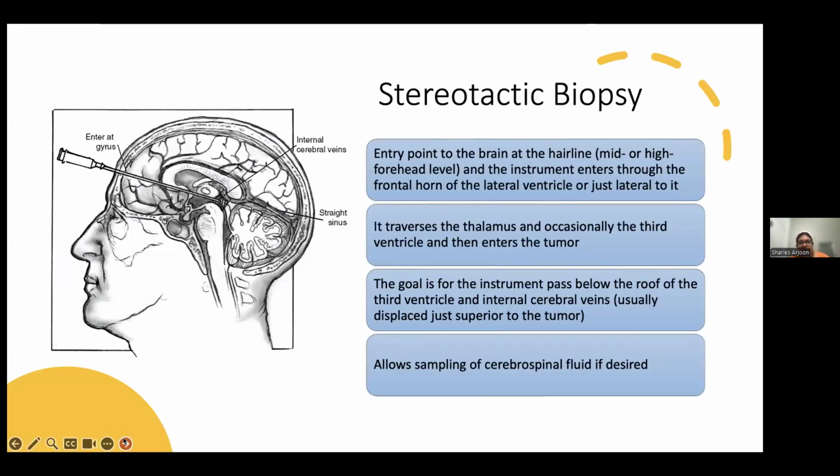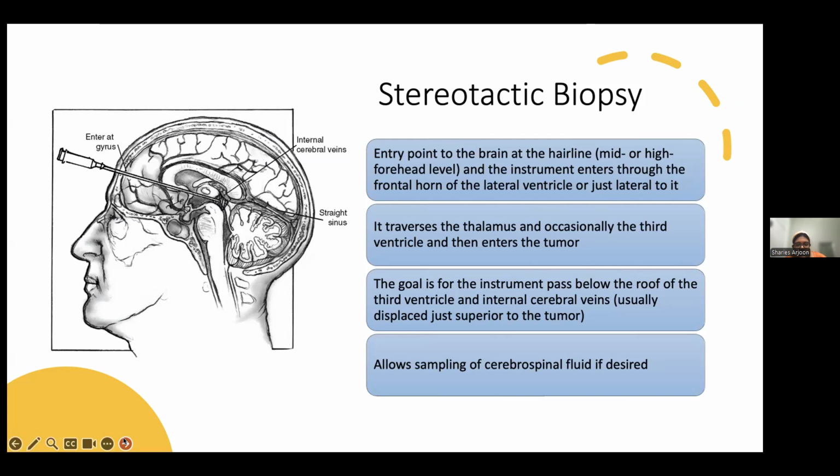and the entry point to the brain is at the hairline or mid or high forehead level, where the instrument enters through the frontal horn of the lateral ventricle or just lateral to it, and it traverses the thalamus and occasionally the third ventricle and then enters the tumor.